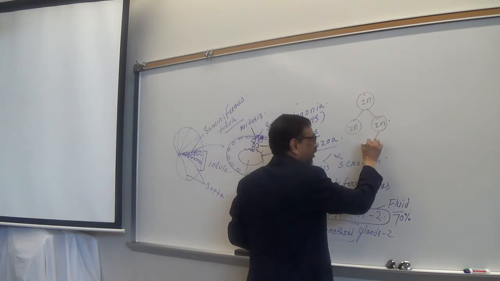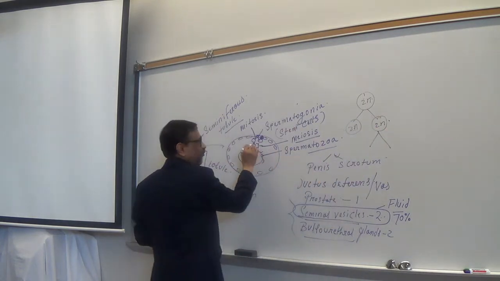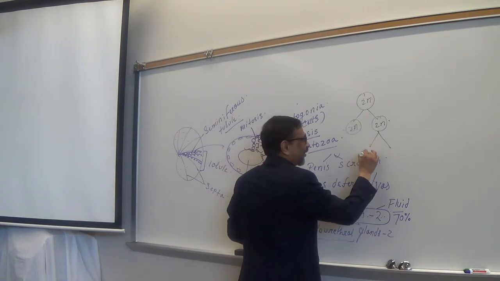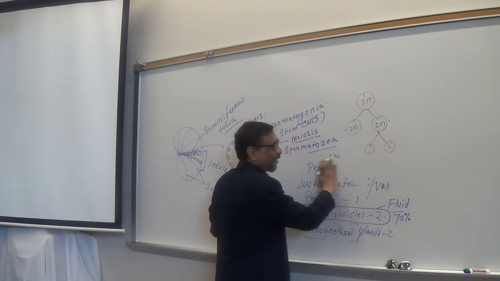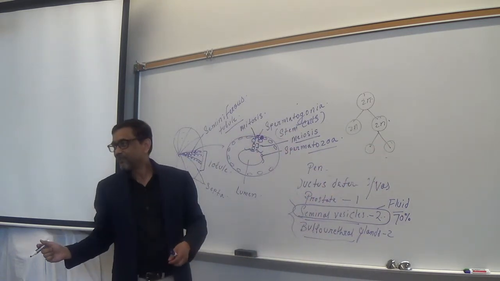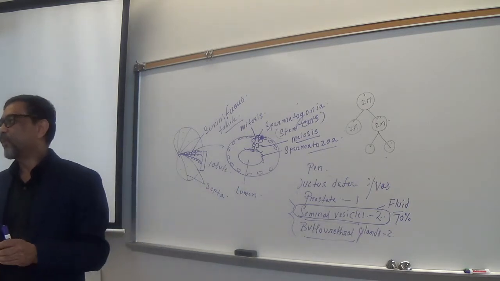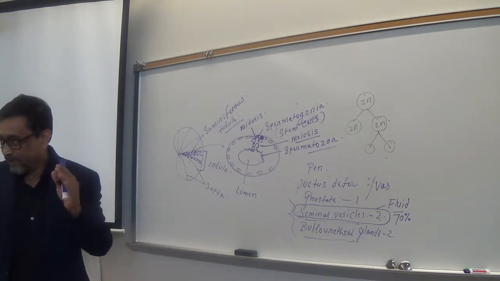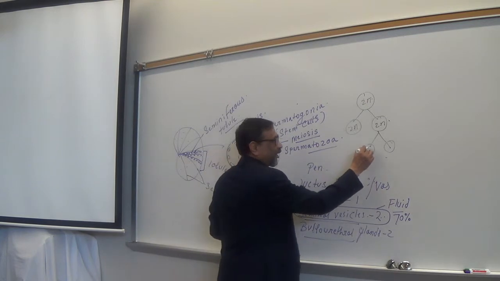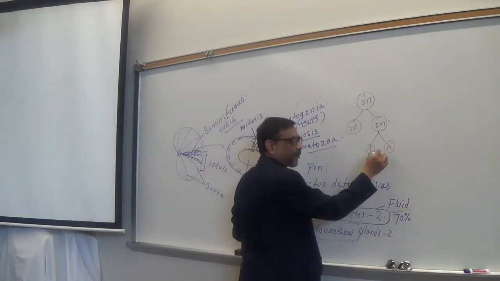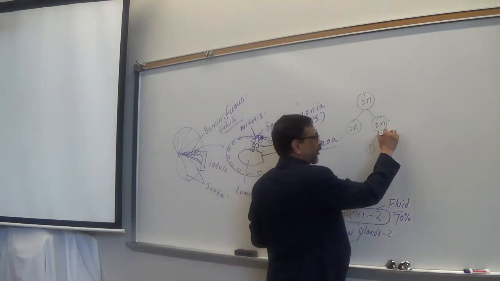But when meiosis occurs, it takes only half in the new cells. So it will be n and n. Make sense? So this is meiosis.